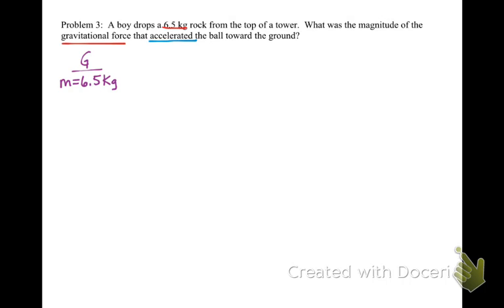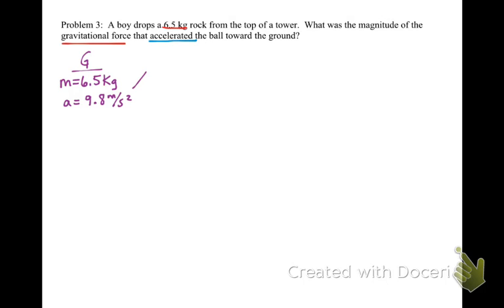They do say that he dropped the rock from the top of a tower. Okay, so if you drop something, what is the acceleration that particular object is feeling? Well, that object is experiencing our acceleration due to gravity. And our acceleration due to gravity is 9.8 meters per second squared.